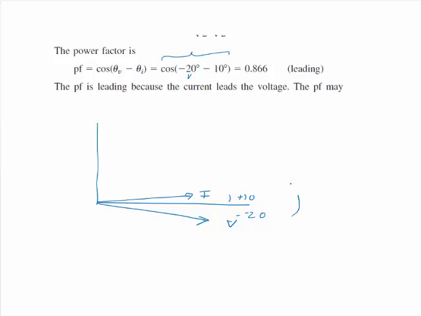If these two vectors, phasors, are rotating around at an angular rate omega, the first one to cross the axis is I. So I leads V. And so they are saying that means the power factor is leading. They say power factor is leading, but I prefer to be more explicit because I want to make sure that I understand that current is leading voltage. And I can see that from the relationship of the argument of the power factor right here.